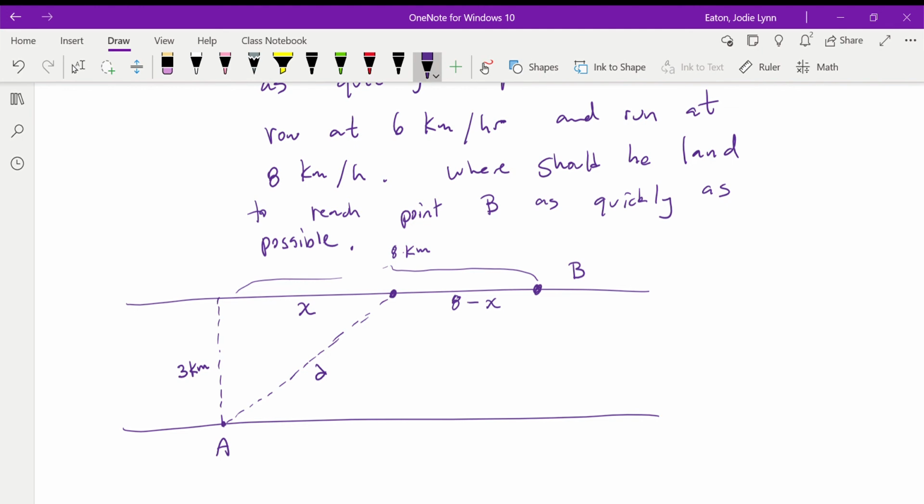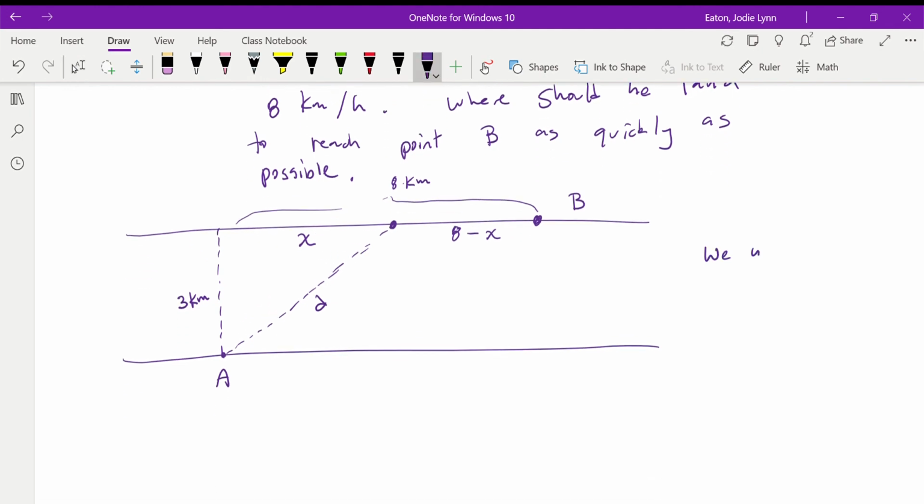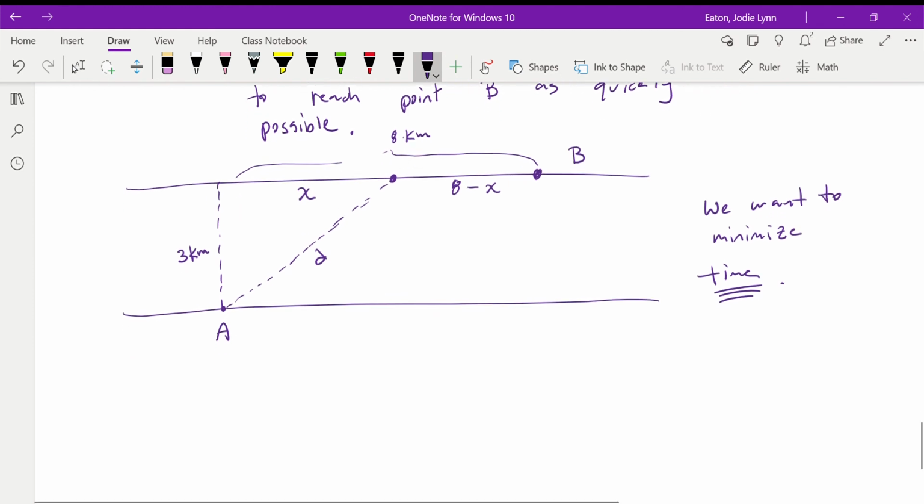And we want to minimize, so what do we want to minimize? As quickly as possible. We want to minimize time. Okay? We know his speed, and we know that speed equals distance divided by time.